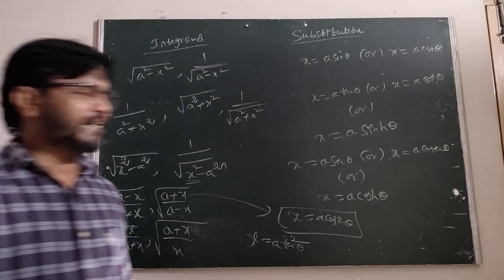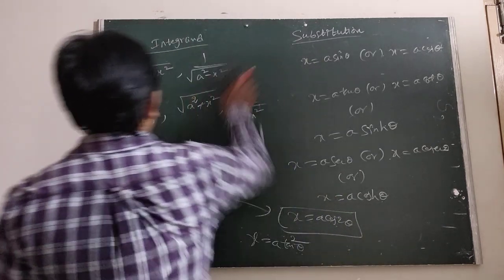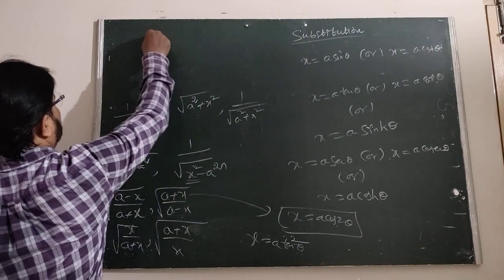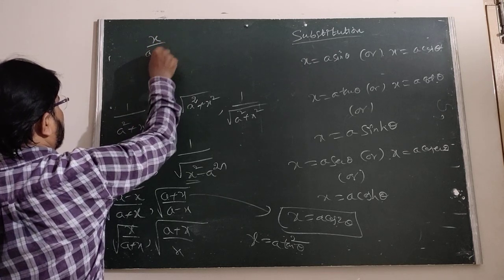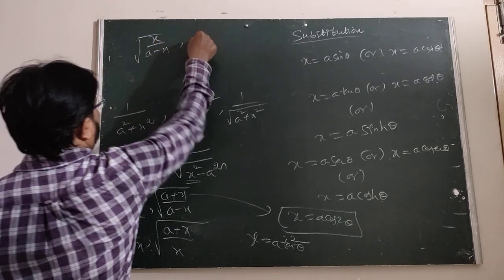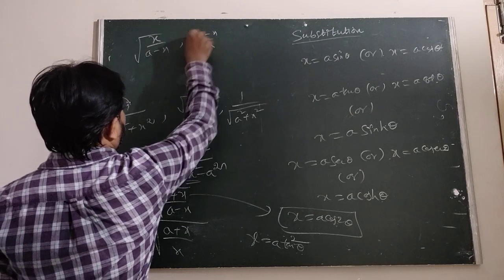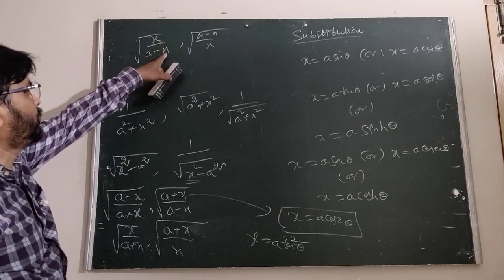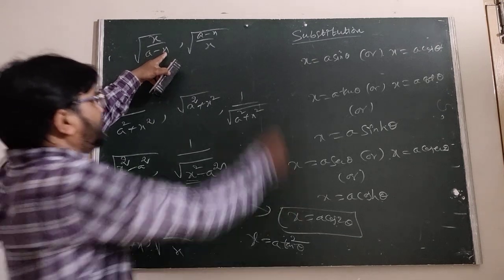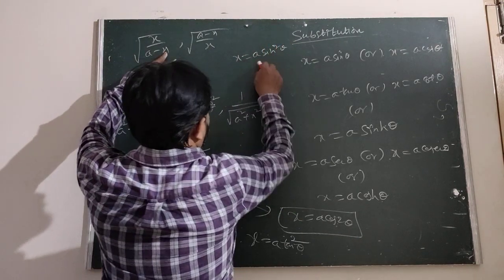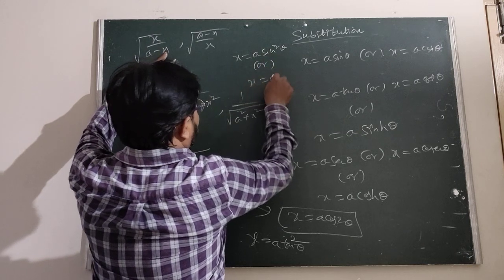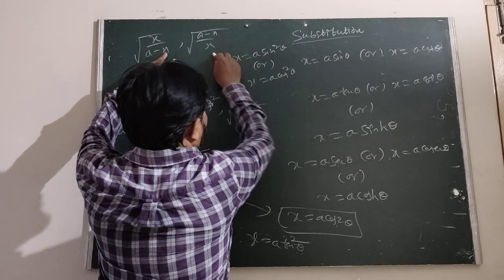Now another substitution is for x by a minus x, or a minus x by x. What are you thinking here? You take x equal to a sin square theta, or x equal to a cos square theta.